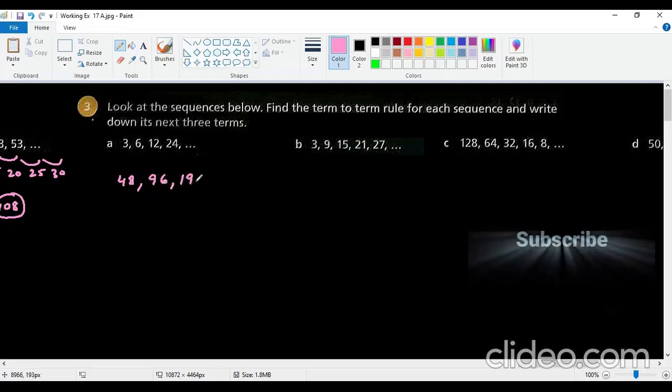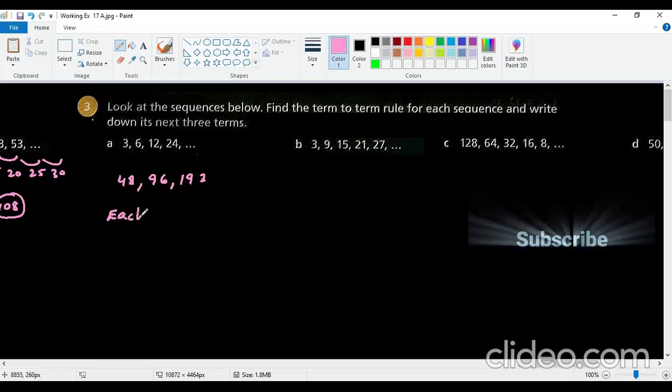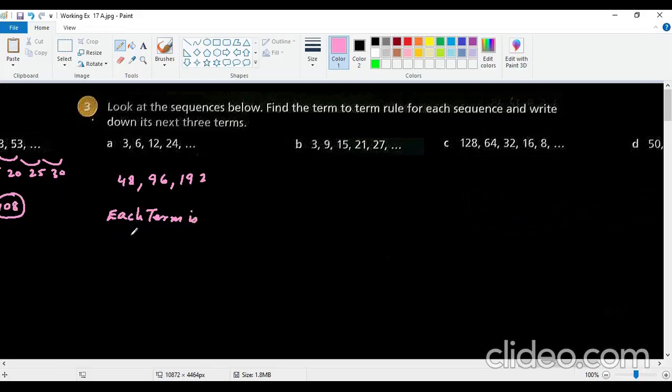So the rule is that each term is multiplied, or you can say doubled, to get the next term. These are going to be the next three terms after 24.